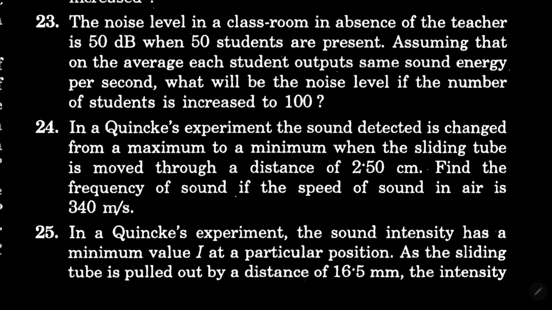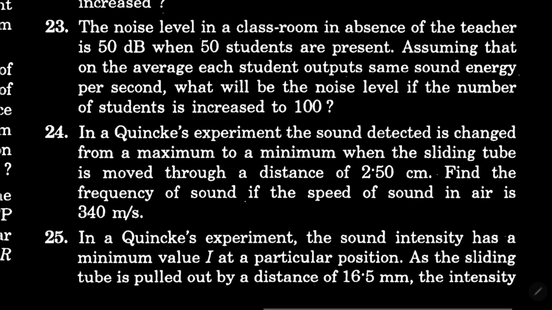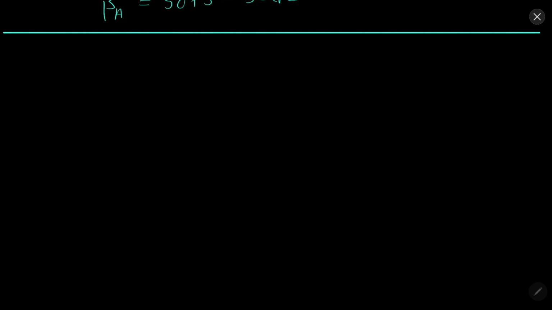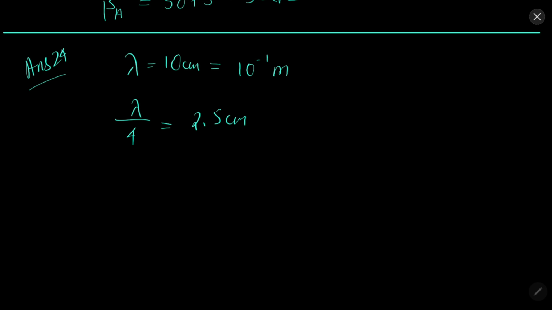In question 24, we have an experiment in which we need to find the frequency of sound if speed of sound in air is given. Solution 24. So lambda is 10 centimeter, or 10 to the power minus 1 meter or 0.1 meter. Lambda by 4 will be the distance between maximum and minima, so 2.5 centimeter.